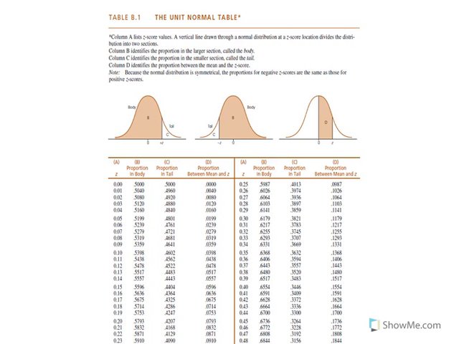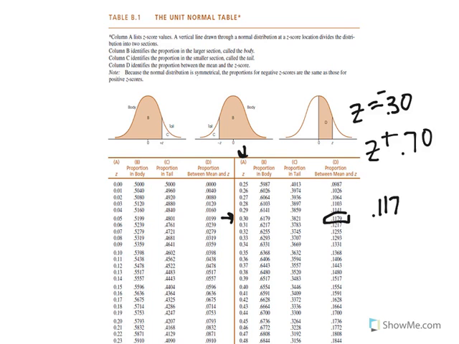So again, our z values of interest are -0.3 and positive 0.7. So again, we're going to enter using column A, which is our z value, and here we see 0.3. The area between the mean and the z is the area of interest, so that's 0.1179.